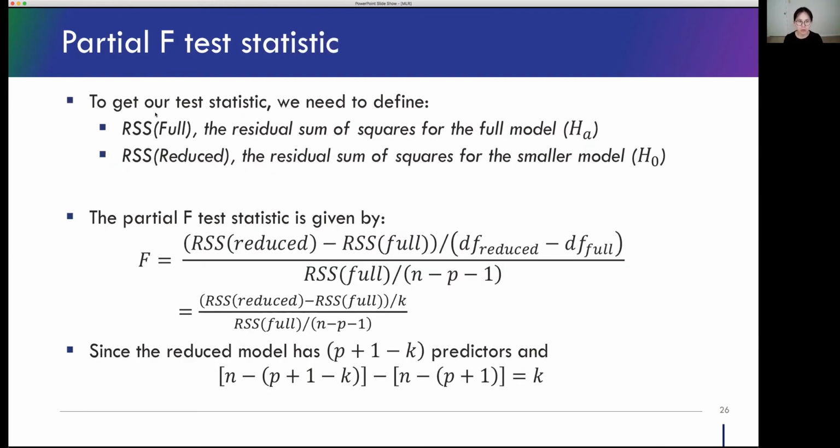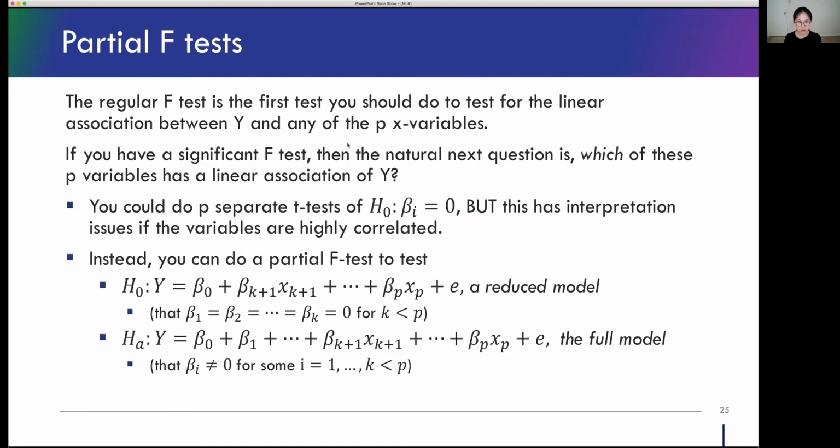To get our test statistic, we need to define the corresponding residual sum of squares for the full model and the residual sum of squares for the reduced model. This for the full model is right here, where you have beta 1 to beta p, all of them non-zero.